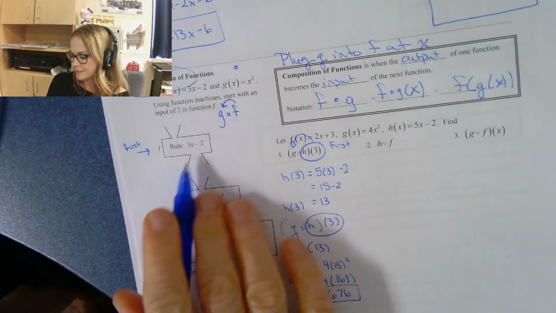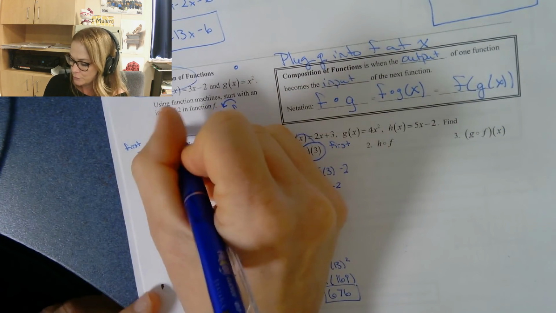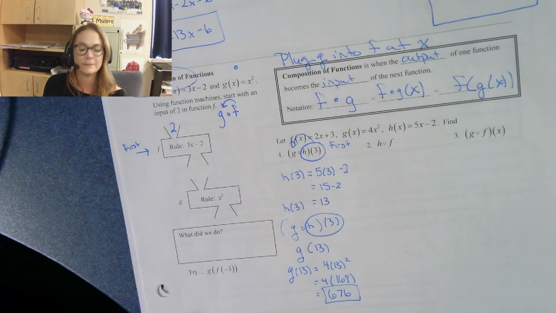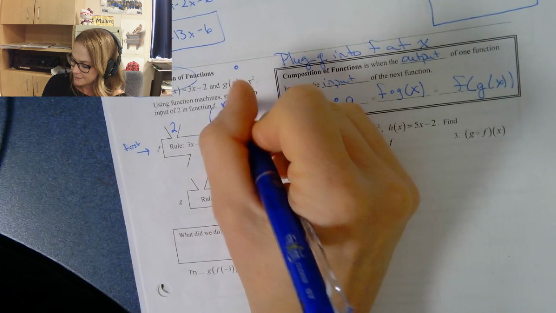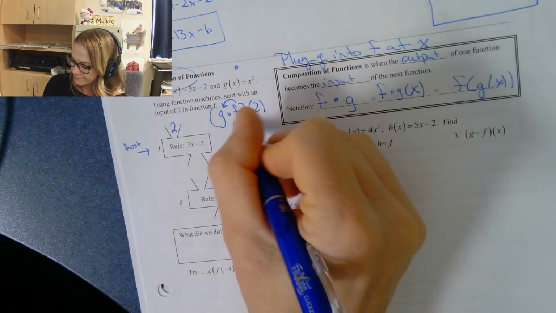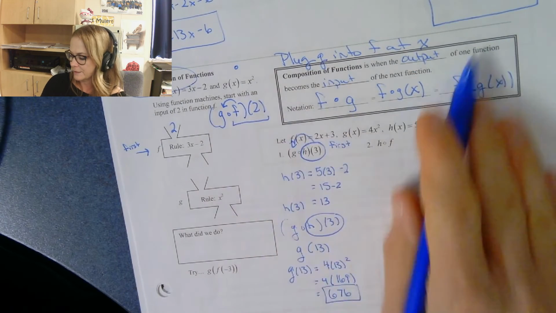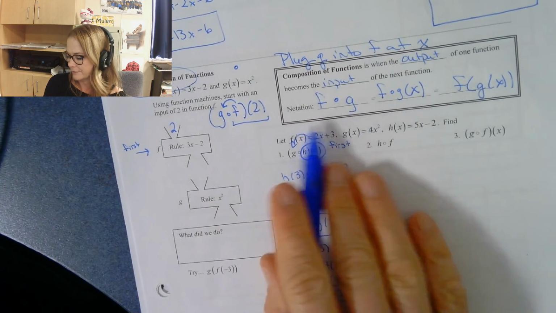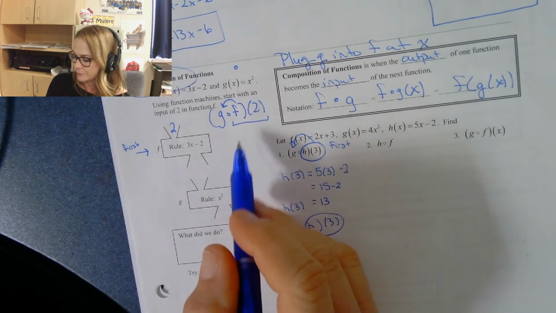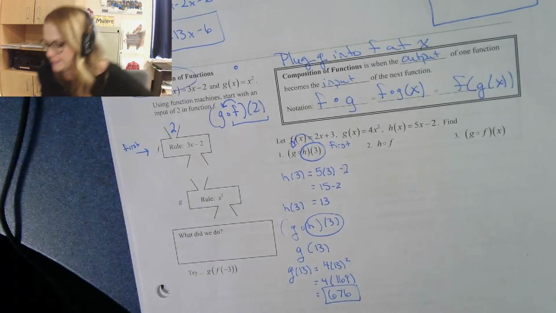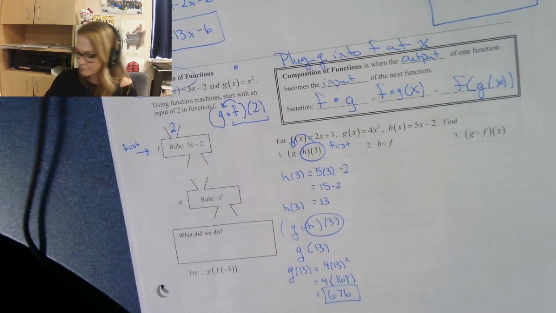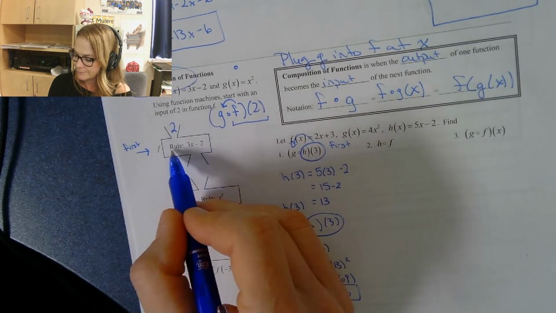Since I'm plugging this 2 into f over here on this function machine, this is asking us to do f of 2 first. So this is a g of f, okay? Whereas I defined it over here as f of g because it's more standard to have them in alphabetical order. Whatever, it doesn't matter. Any problem can be in any order. So f of 2: if I plug 2 into this function machine, it drops into this machine.